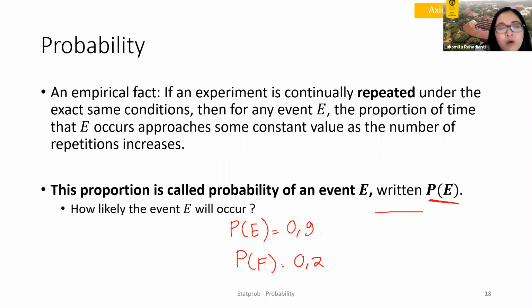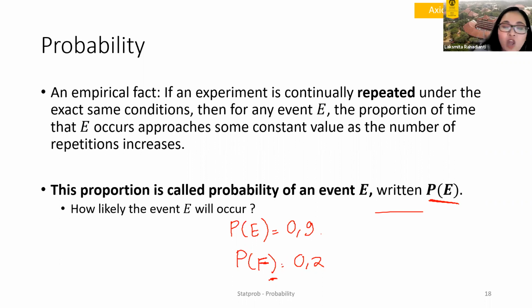For example, the probability that E is happening is more probable than F happening. If this probability is rain, then I should probably bring my umbrella today. If this probability is the probability of me winning the lottery, maybe I shouldn't spend my time or my money on a lottery ticket and so forth.